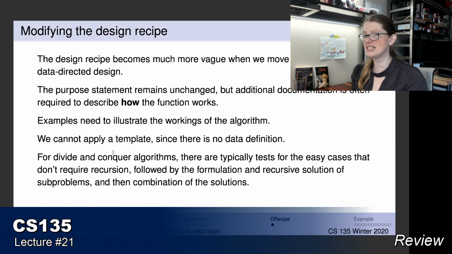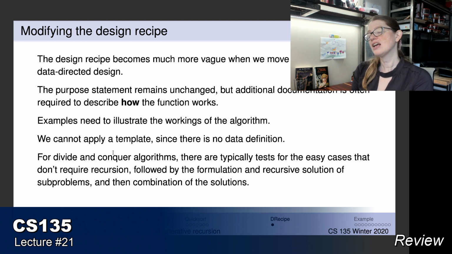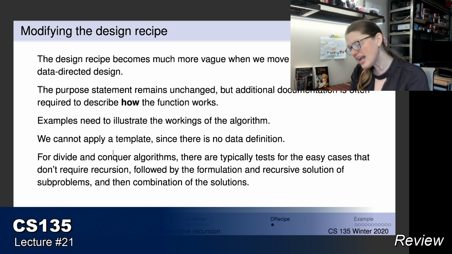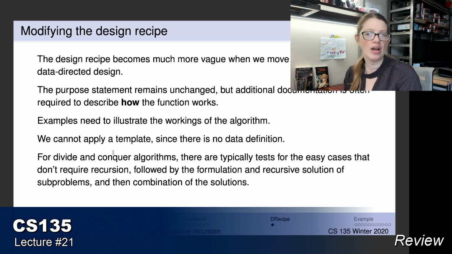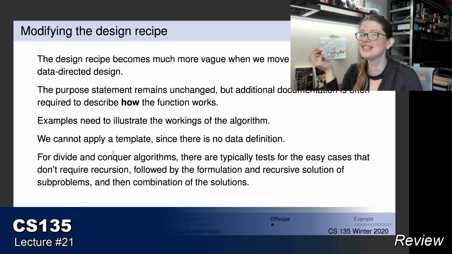So in addition to the purpose and the contract and the examples, you should also describe how this function actually works so that anyone reading it can look at it and be like, okay, I understand what's actually going on here. Because if you look at generative code, it doesn't follow the data definition. It doesn't follow the template. So it's not always obvious as to how the method works. So it's really important for generative recursive functions that you give some additional documentation to say, how does this actually work? Can you prove to me this terminates?